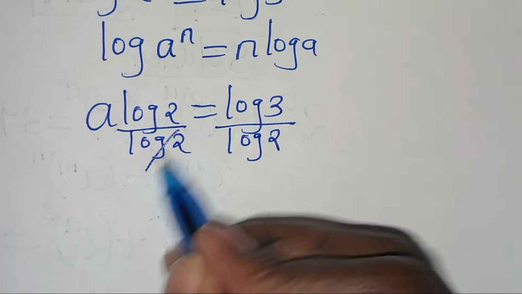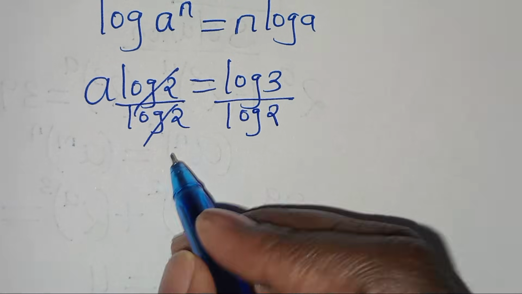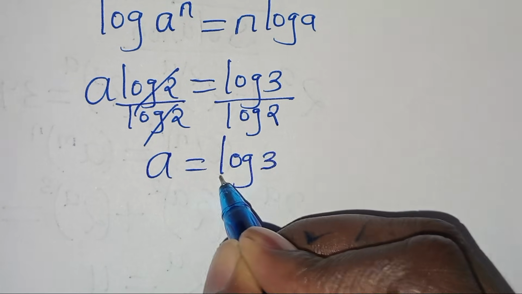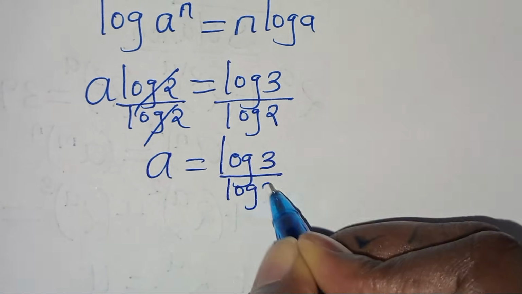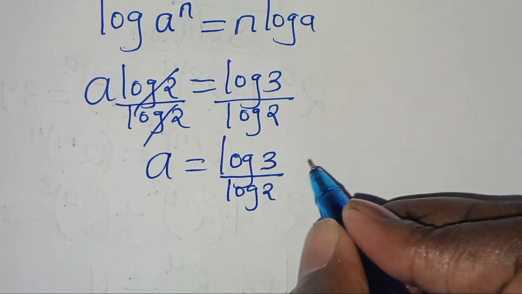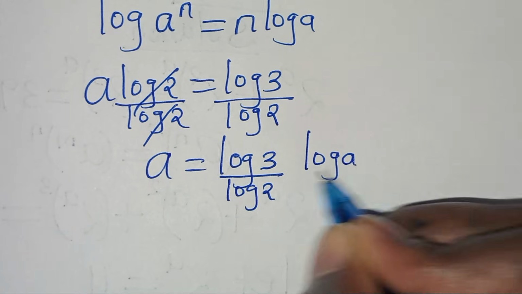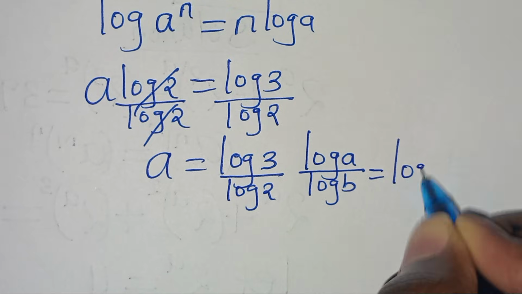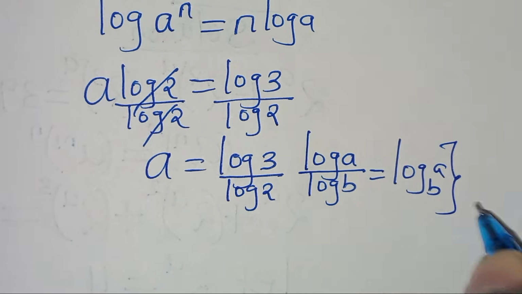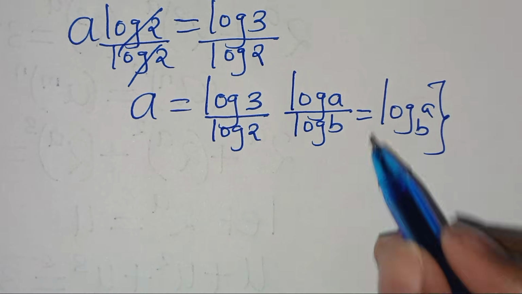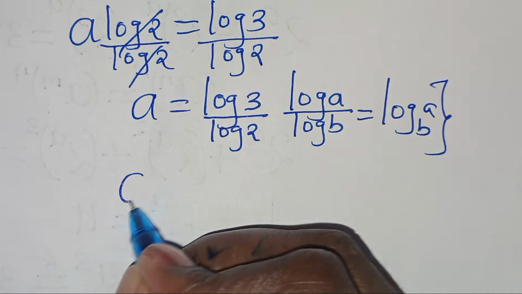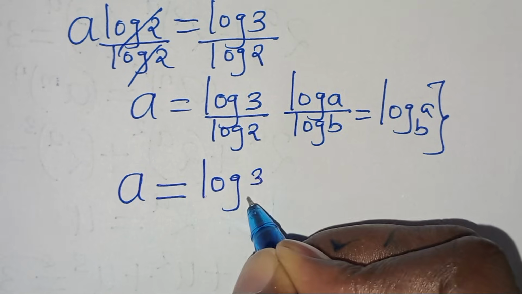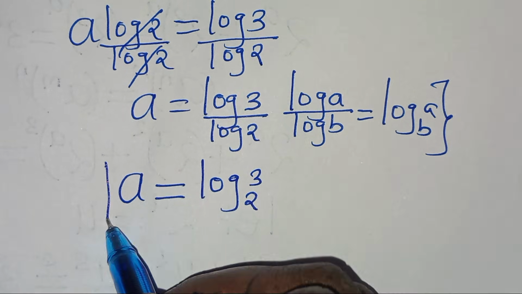Now, if you simplify here, then we have a is equal to log 3 divided by log 2. And log 3 over log 2 is in the form of log a over log b, which can be expressed as log a to base b. Applying this property, the value of a is equal to log 3 to base 2. So this is the value of a.